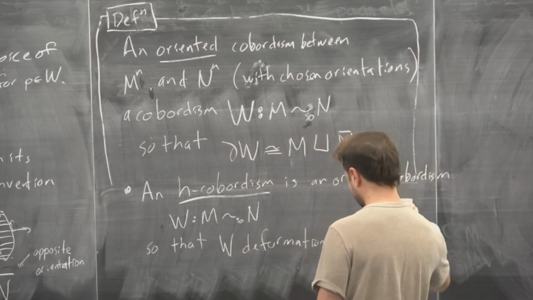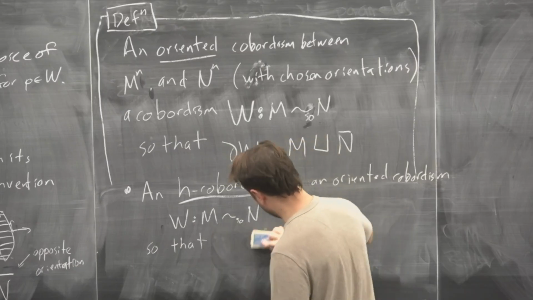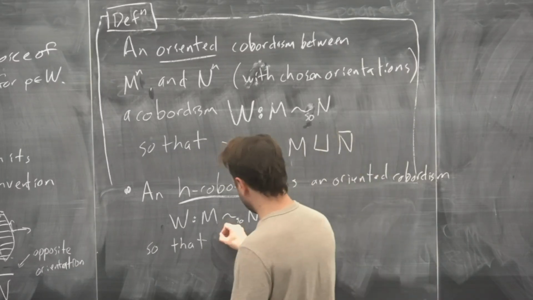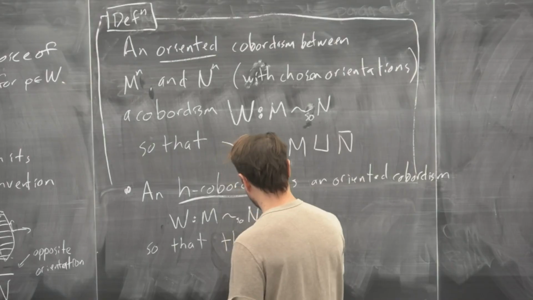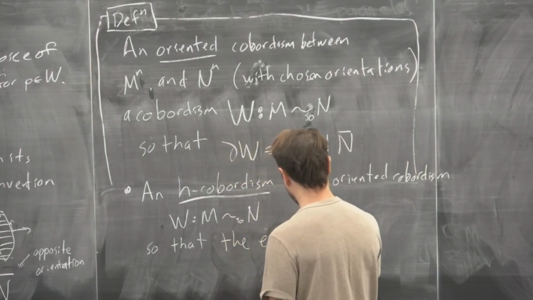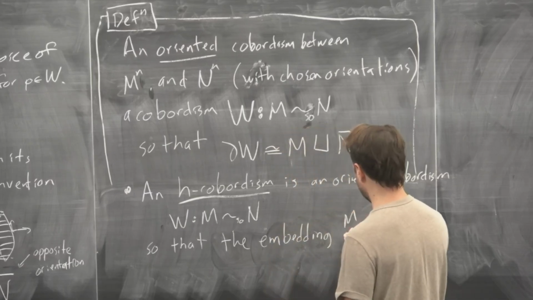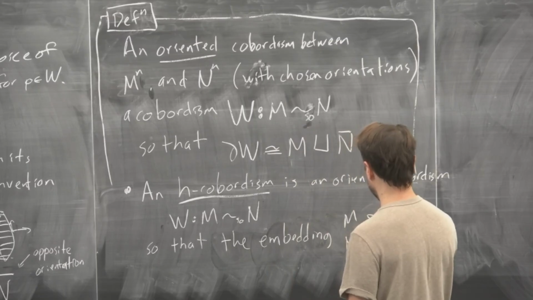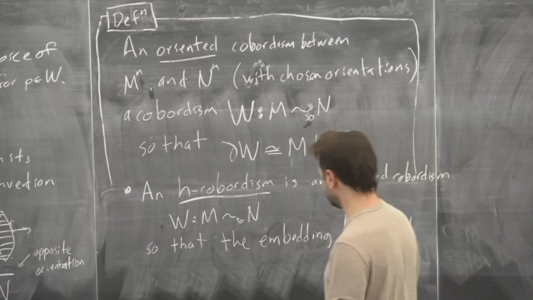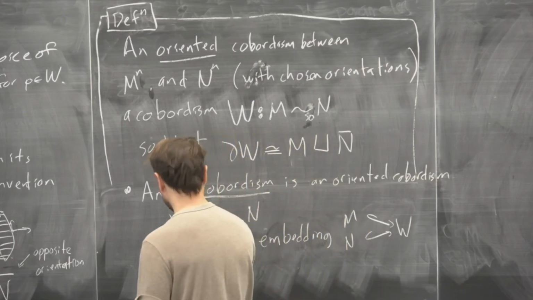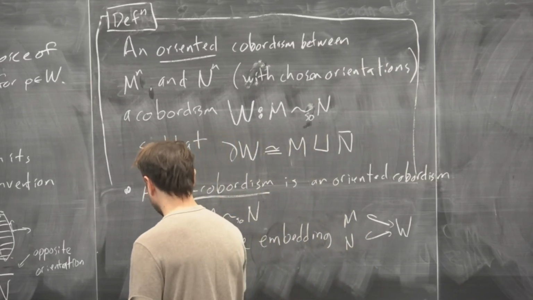Well, let's say it like this instead. So that M and N embed into W as boundary components. So topologically, these should be homotopy equivalences.